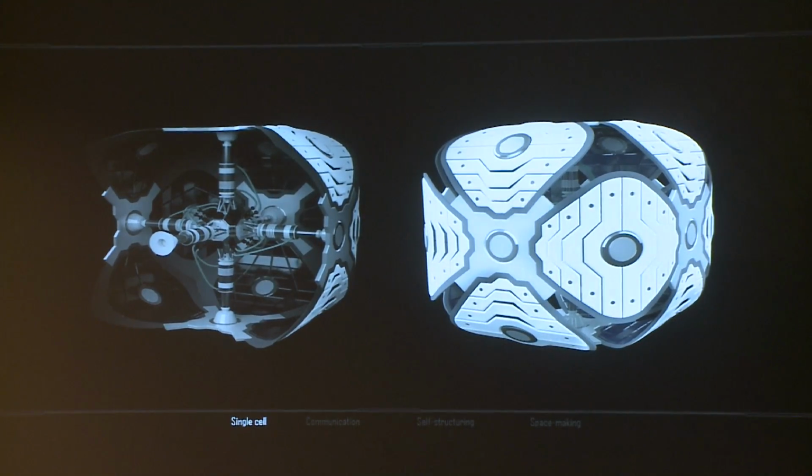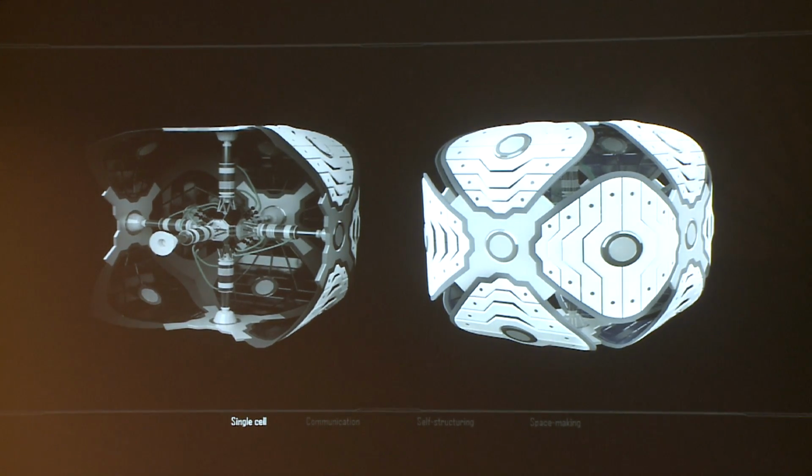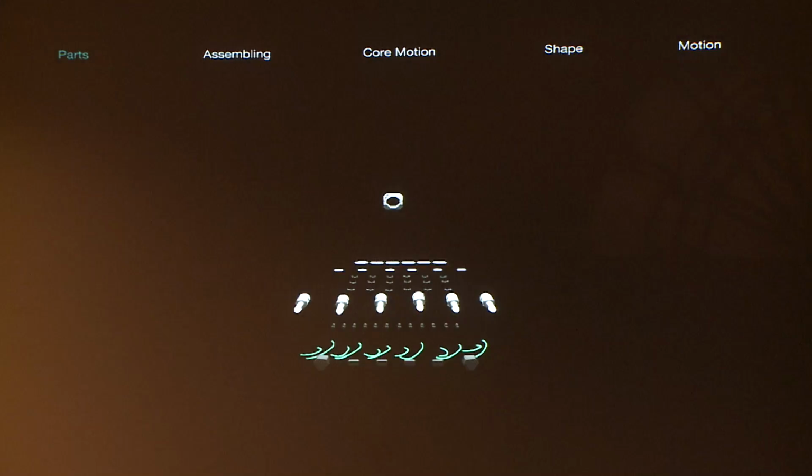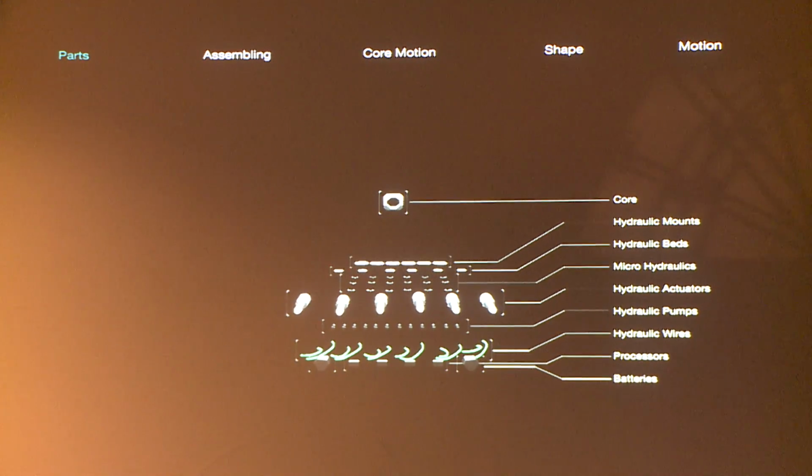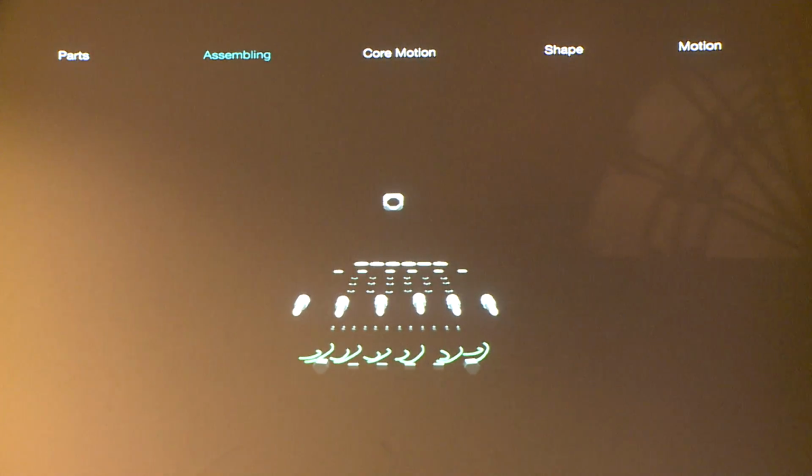We also designed how we imagine our final shape, and it's made out of a softer outer skin and a harder shell as well. This simulation shows how each part of our design system can be assembled together.